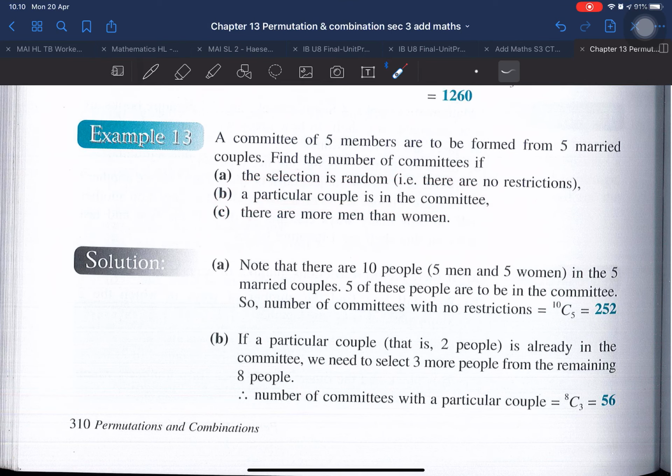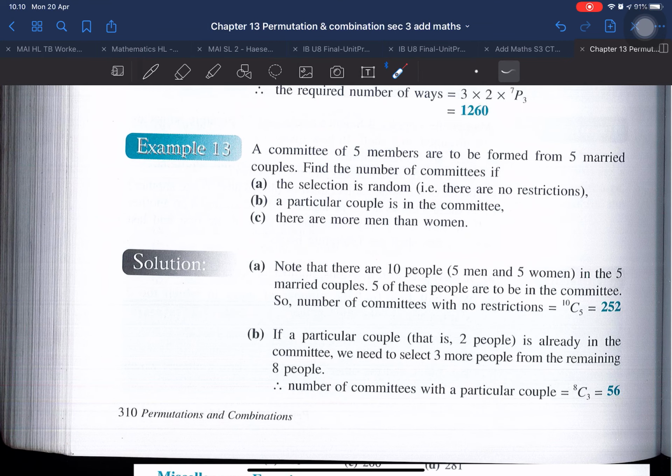It means one particular couple, so 2 people are already in the committee. So we need 3 more people. Since 2 people are already there, the total is not 10 anymore. It becomes 8. So we choose 3 out of 8, which is 56. Okay. Now, next page.